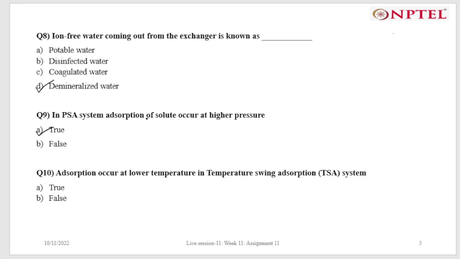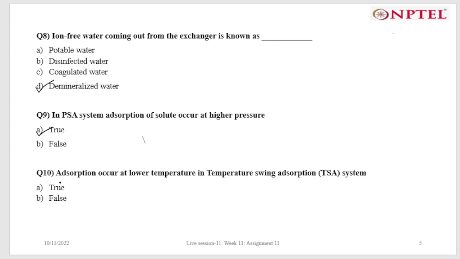Why is this statement true? Because the rate of adsorption increases with increasing pressure, so it is mostly preferred at higher pressures.